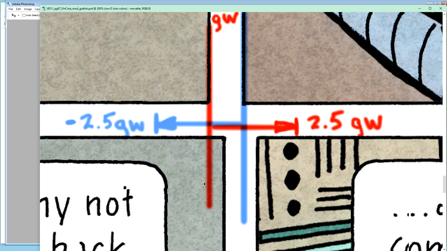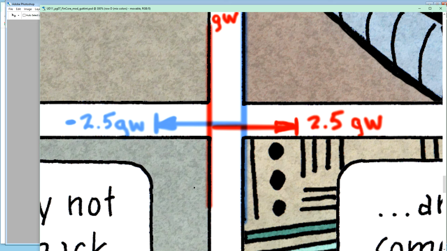Now, just a quick point about this straight intersection. I said before that in one sense there is zero offset here, because these are perfectly lined up and straight in both directions, 90-degree angles and everything.